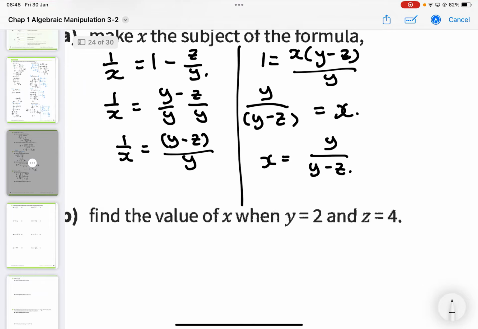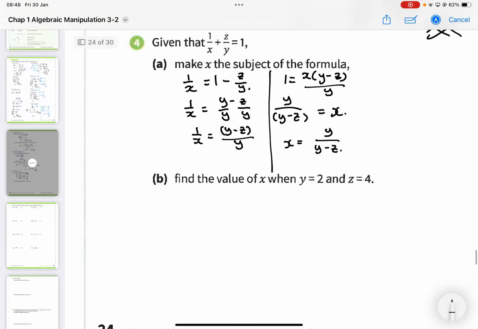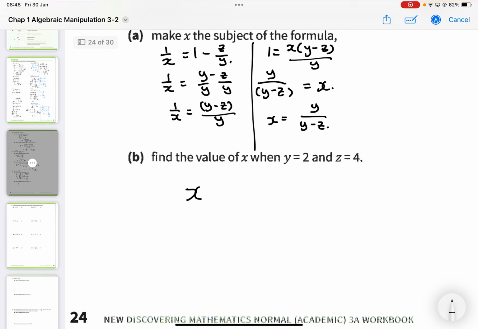Okay, so this one is not common, you all just practice the substitution. Substitution: replace with bracket, replace with bracket, replace with bracket.